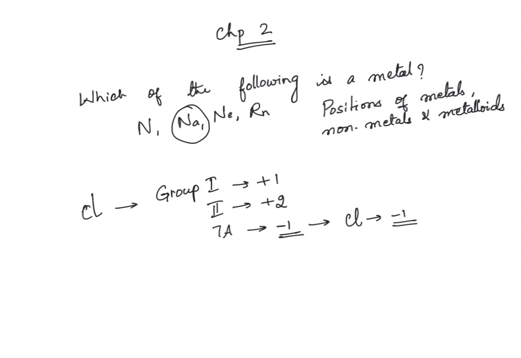You could go a little more complicated in terms of questions. You could see a question that looks like this. Silver has 2 isotopes, silver 107, which has an atomic mass of 106.905 and abundance of 51.84%.